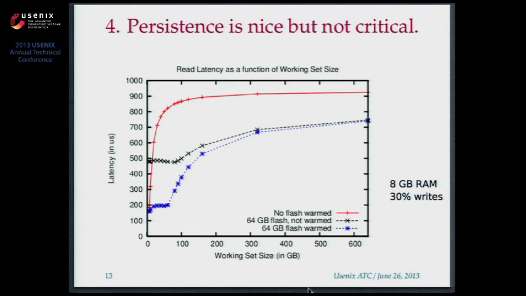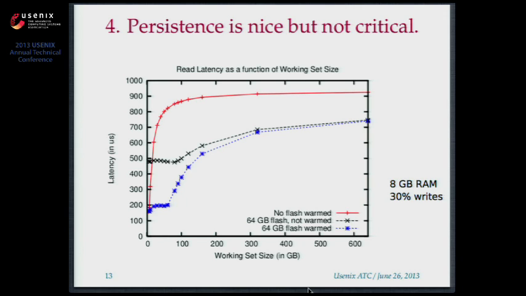As for persistency, this graph shows the application read latency, and the bottom line is with a warmed flash, like all the other graphs. The top line is no flash.